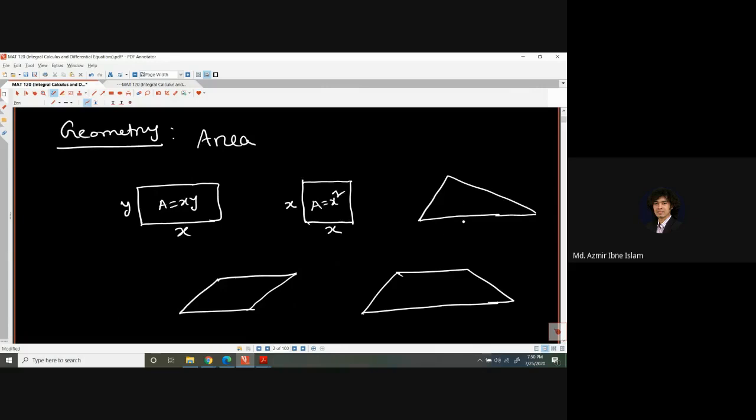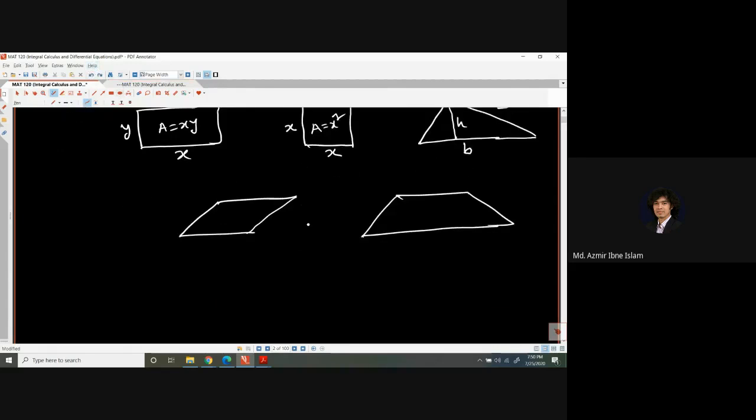For this triangle, if the base is b and the height is a, then the area can be found by 1 by 2 base into height. So this is how we can find the area of a rectangle, of a square, or a triangle. Similarly, for other polygons like a parallelogram, if this is b and this is a, we know that the area is b times a.